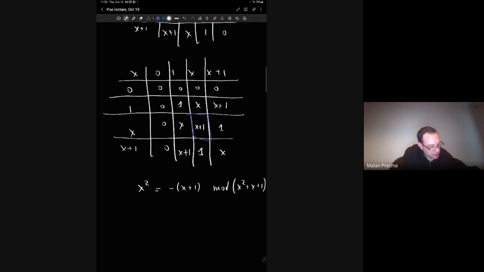This is the same thing as saying x squared plus x plus 1 is equal to 0 modulo phi. I simply moved something to the other side, but minus x minus 1 over F2 is simply x plus 1.